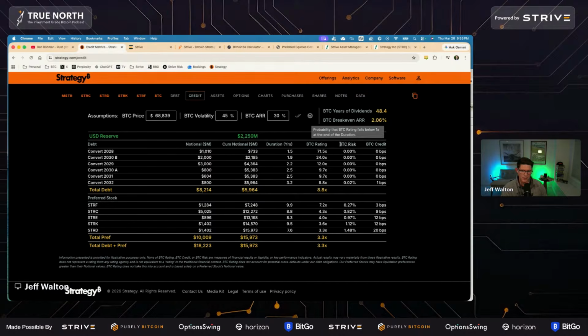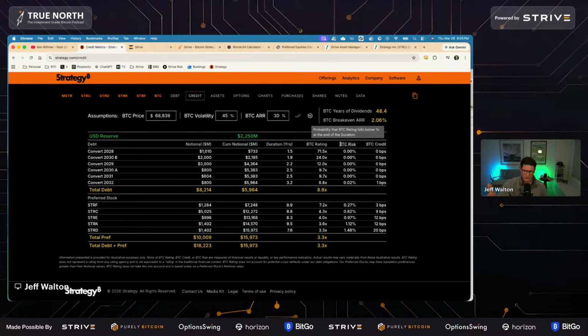And so if the BTC rating falls below 1 at the end of the duration period, that is, the Bitcoin value falls below the notional outstanding of any one of these individual instruments on a cumulative basis.